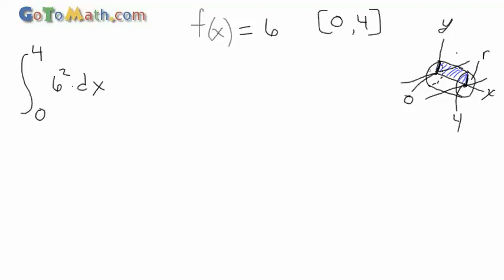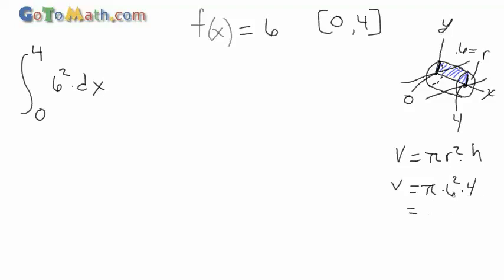So if we wanted to find the volume of this cylinder right here, remember volume is equal to pi r squared times h, okay? So volume is equal to pi. The radius, since it's constant and it's not changing, happens to be 6. And h is the height of the cylinder, and that's going to be this distance right here, which happens to be 4, right?